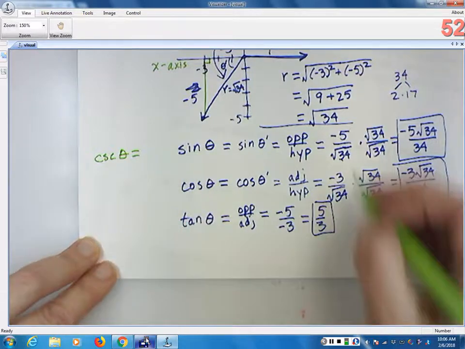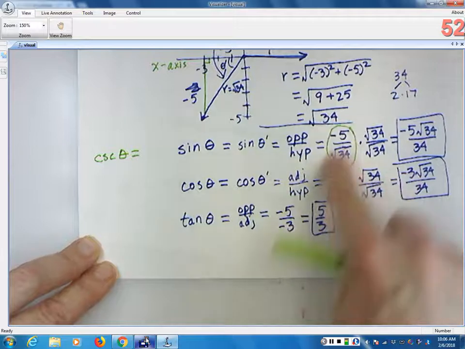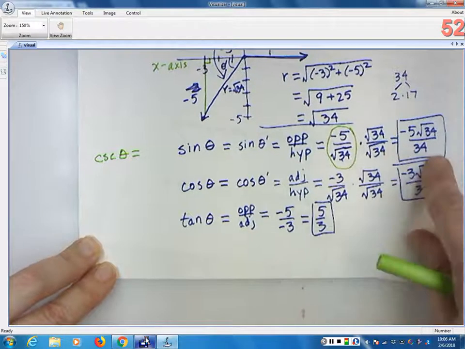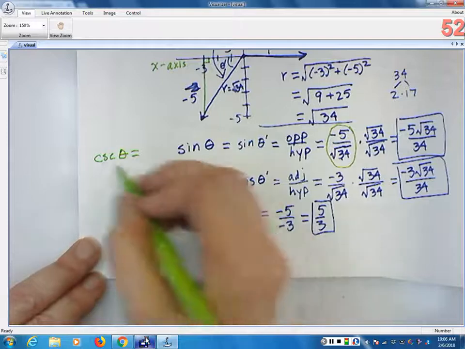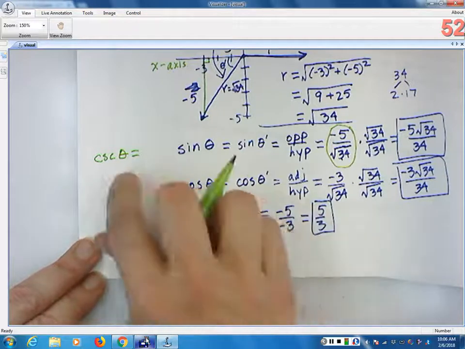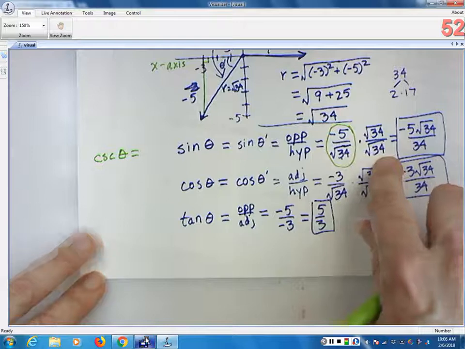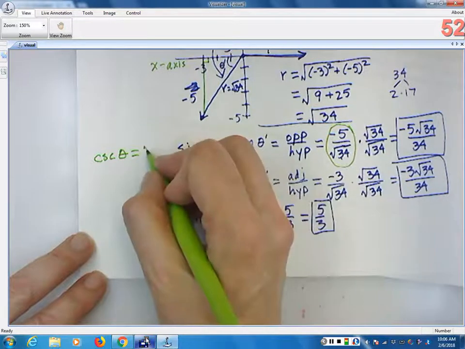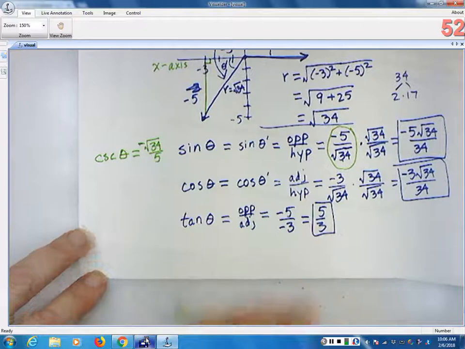So pick the sine before we rationalize the denominator. Flip this. Don't make a bunch of work for yourself. Cosecant is 1 over sine, so we're just going to flip this before we rationalize the denominator. That's the square root of 34 over 5, and it's negative.